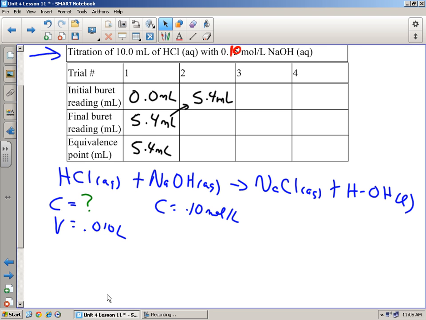You're going to grab another Erlenmeyer flask, another clean one, of course, and do this experiment again. So you're going to get another 10 milliliters of acid, hopefully, if I have enough acid here. I do, but the problem is getting it.